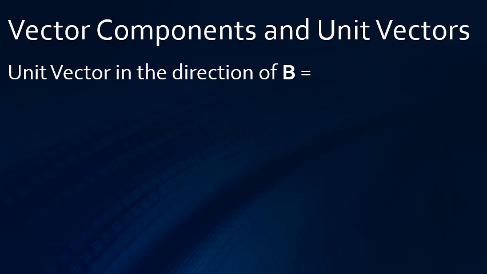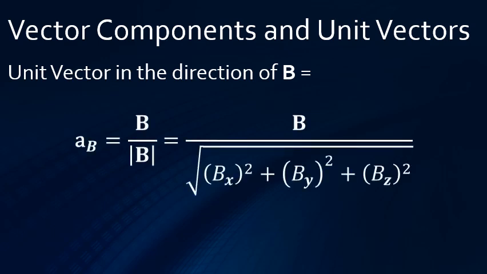Yung unit vector naman, hindi lang siya laging directed sa x, y, and z axis. Pwede tayong kumuha ng unit vector in the direction of a certain vector. For example, if we want to find the unit vector in the direction of vector b, ito yung formula natin. I-divide lang natin yung vector b mismo divided by the magnitude of vector b.